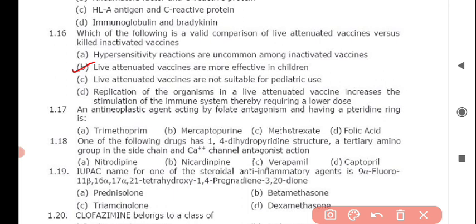Next question is, an antineoplastic agent acting by folate antagonism and having a pteridine ring is, so the correct answer for this is option C, methotrexate. Next question is, one of the following drugs has 1,4-dihydropyridine structure, a tertiary amino group in the side chain and calcium channel antagonist action. So the correct answer is option B, nicardipine.